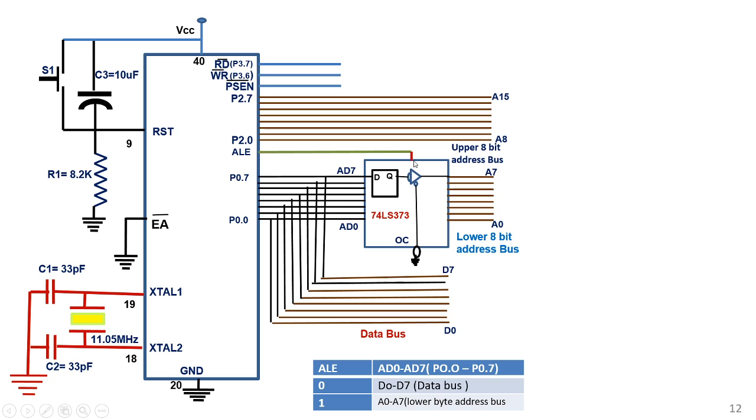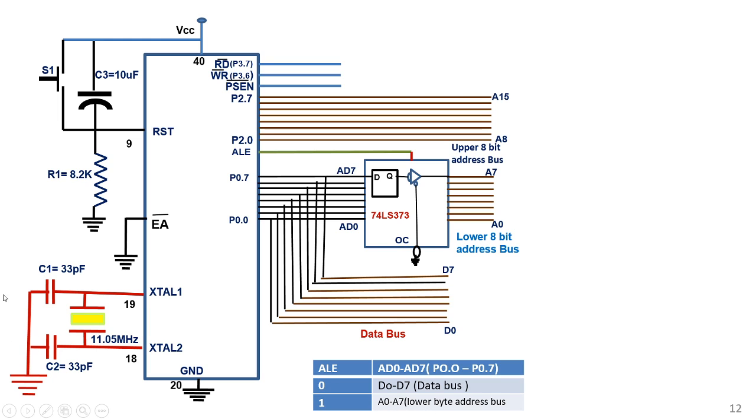And when ALE is equal to 0, then AD0 to AD7 will generate the D0 to D7 data bus. So these bits work like this, D0 to D7 data bus. And when ALE is equal to 1, then AD0 to AD7, these bits work as A0 to A7.